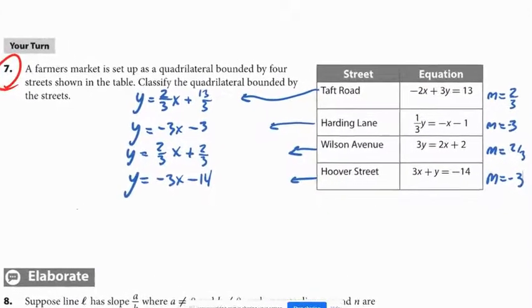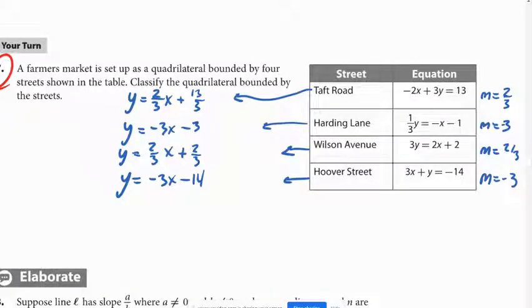Okay, so I rewrote all four of the equations in the form y = mx + b here, and then we looked at the numbers in front of x to get the slope. And notice that these slopes are not perpendicular. When you multiply 2/3 times -3, you get -2, not -1.